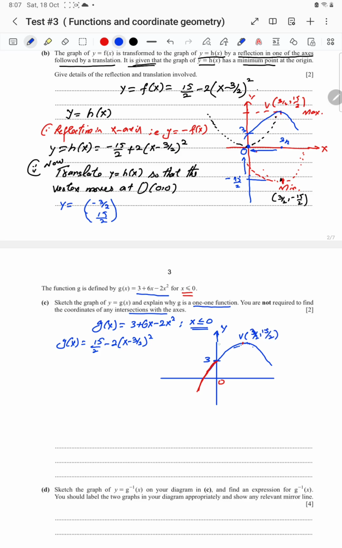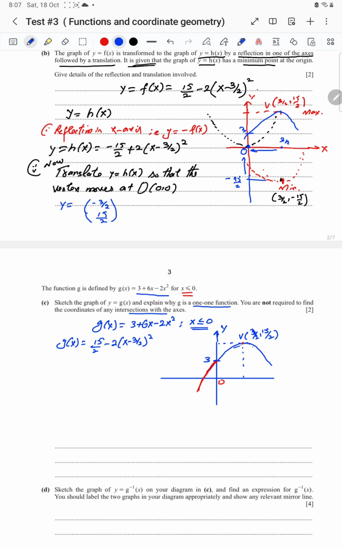We are not interested in it. We are only looking for the red one, because your domain is x less than or equal to 0. That was a simple sketch. And why is it 1-1? If you go with the red one, we can say it is only part of the graph.